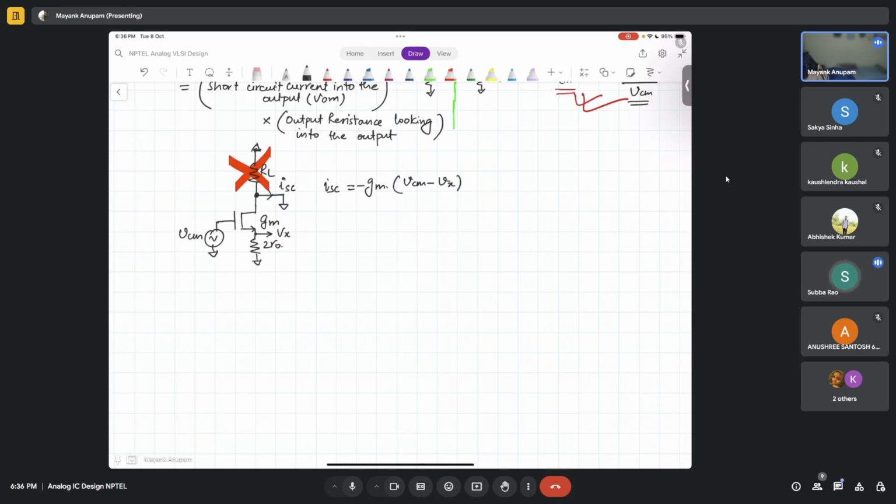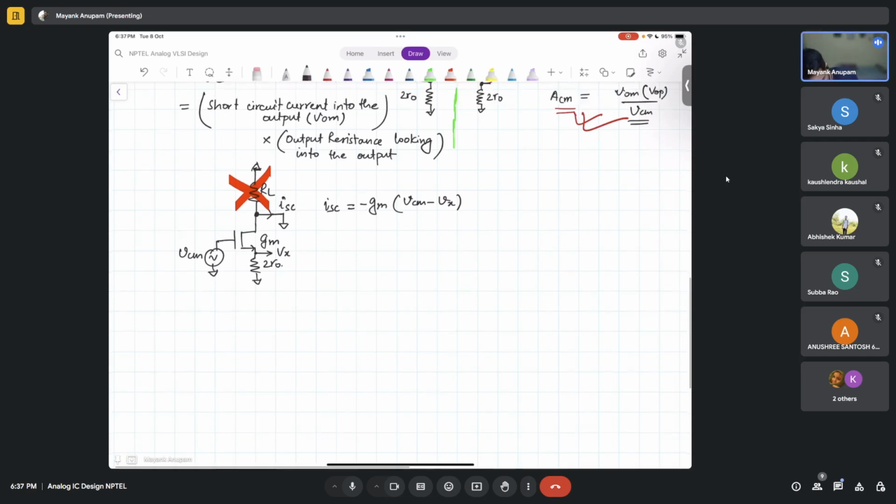It's only going to go short to ground. Yes, short circuit path, correct, exactly. So please be mindful that there should be a minus sign here, because Gm times VCM minus Vx, this current flows in this manner. The current polarity that I have taken here is this, right?